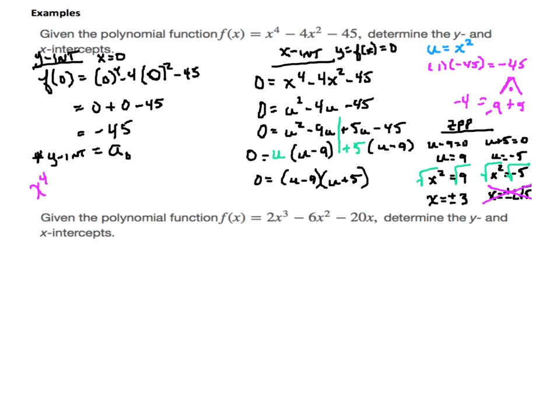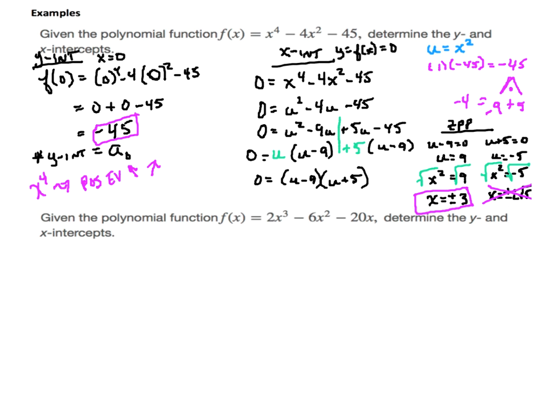My leading term is x to the 4th, so that means that this thing is a positive even. I should expect to see tails up. I have a y-intercept at negative 45, and I have two x-intercepts at positive and negative 3.